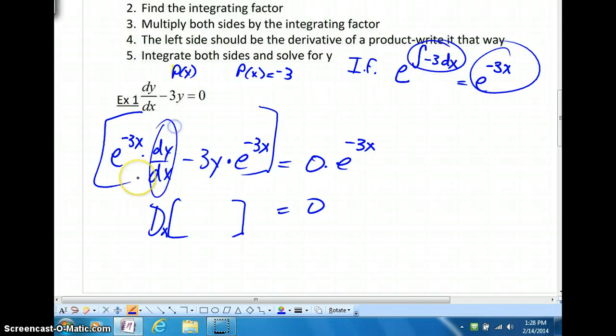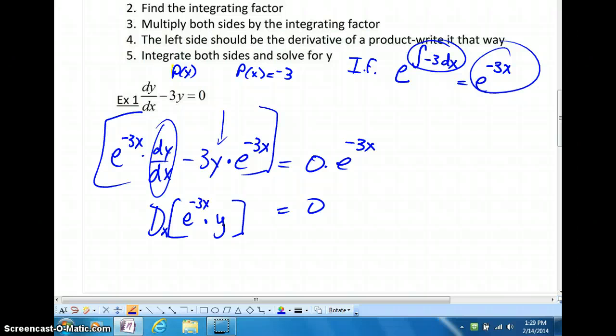Well, this says take a derivative of y, and yet here's a y itself. What do you think? e to the negative 3x times y. Do you see that? Okay, so wow, all of a sudden you look at this and you think, wow, this is spectacular.